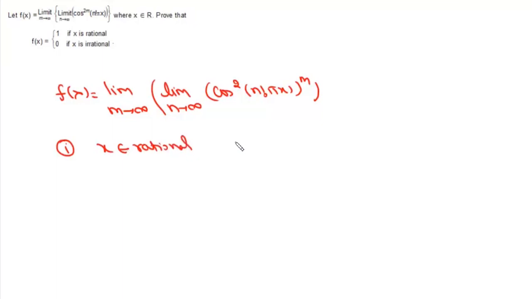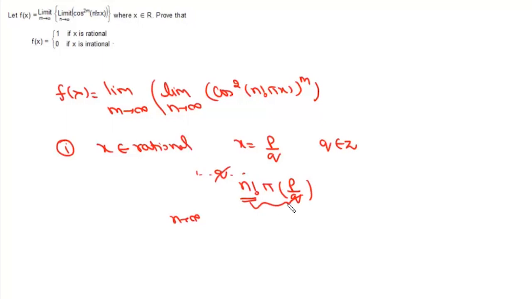Now if x is rational, then x is of the form p by q, where q is an integer, and when we multiply this n factorial with pi into x, which in this case is p by q, as n tends to infinite, this n factorial will contain q at some place. So this q and q will cancel. So basically it will be an integral multiple of pi.